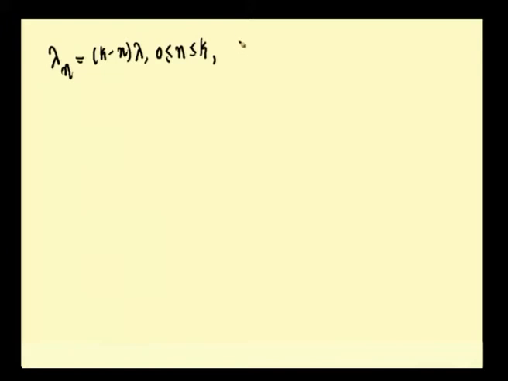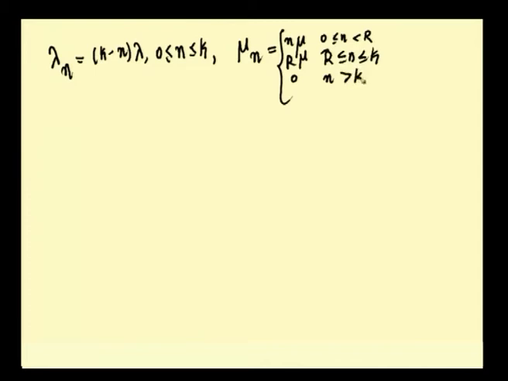Then we have mu n, the service rate when there are n customers in the system, as n into mu for 0 less than or equal to n less than capital R, and r into mu for capital R less than or equal to n less than or equal to k, and it is defined as 0 when n is greater than k.